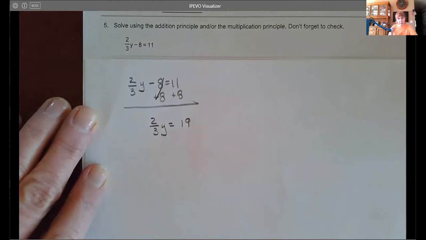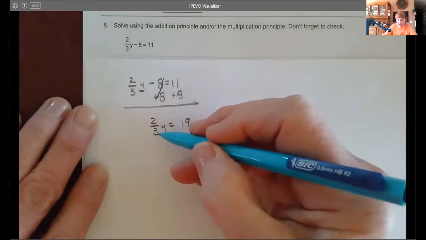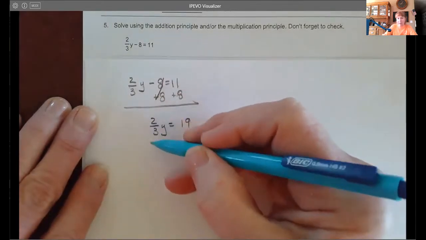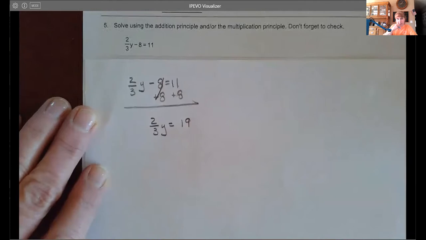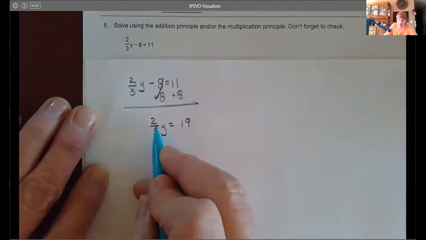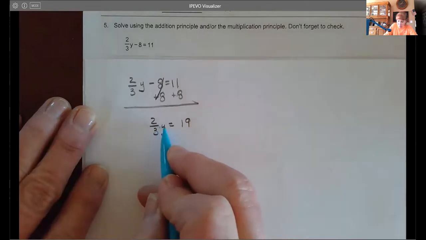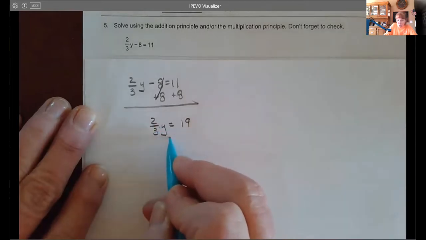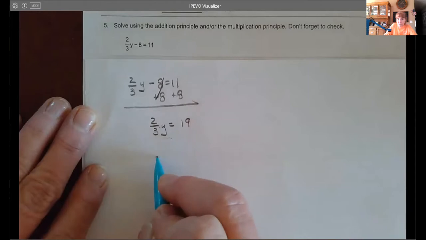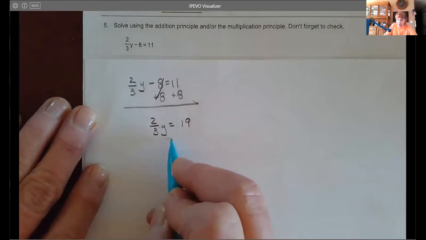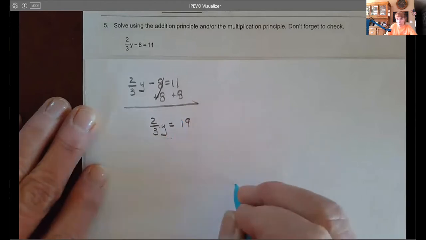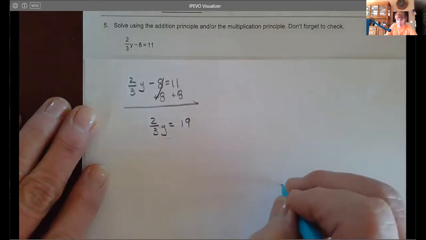All right, so to get rid of the 2/3, remember when you have a fraction in front, you multiply by the reciprocal to solve it. Because this is 2/3 times y. You could divide by 2/3, and dividing by a fraction is the same as multiplying by the reciprocal.